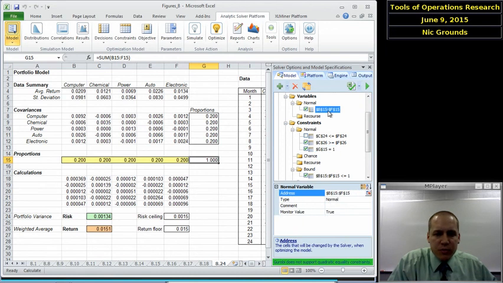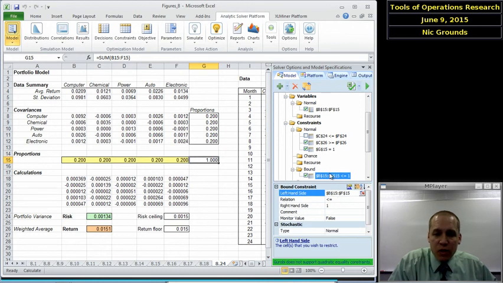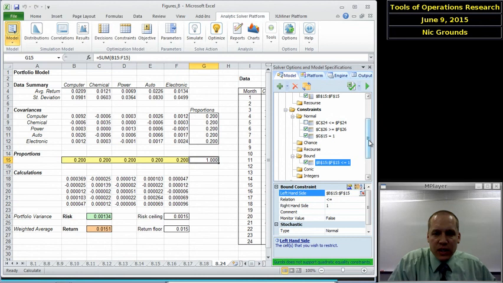Their decision variables are B15 through F15. They were also binding, and this may have been what I missed, each of the decision variables to be less than or equal to 1. And then finally they were binding that C24, the portfolio risk, is less than the ceiling.